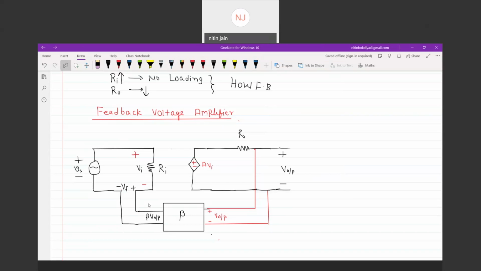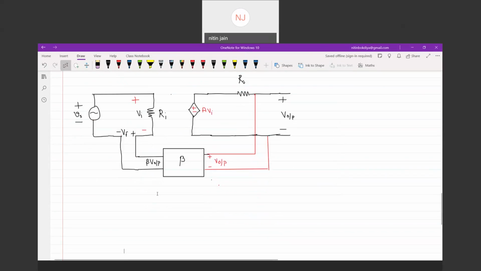So V output for the circuit can be written as A times VI. But VI is not the input.